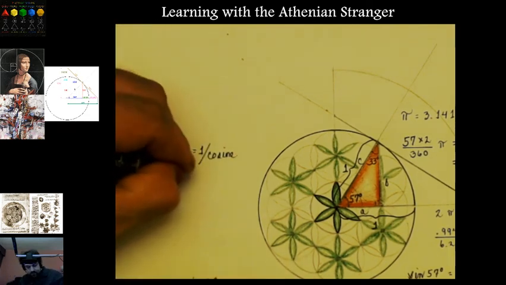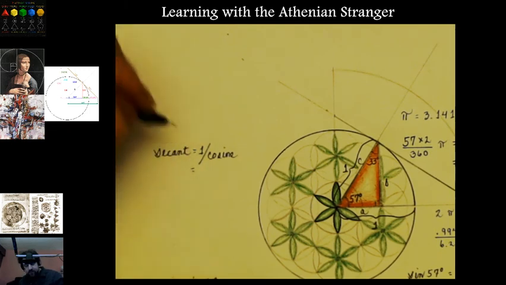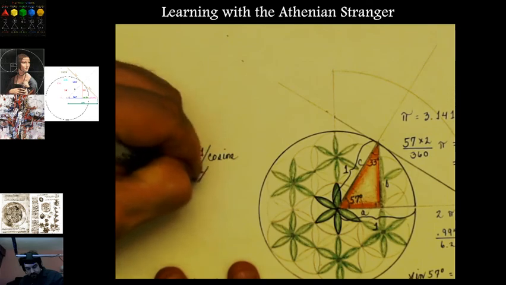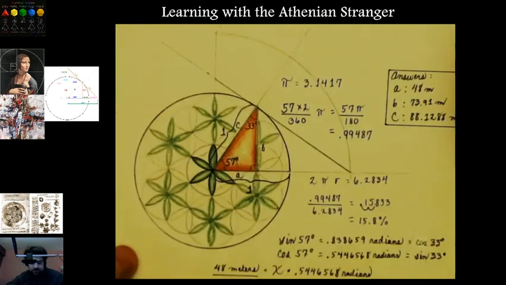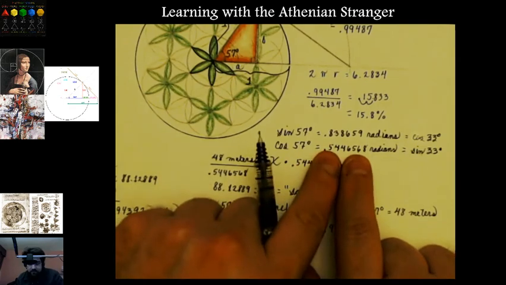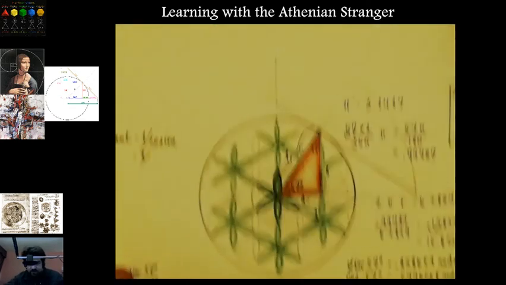Well, for a unit circle of radius 1, the cosine of 57 degrees, so we'll say 1 divided by, we'll go down here and find our 0.544658868, whatever.